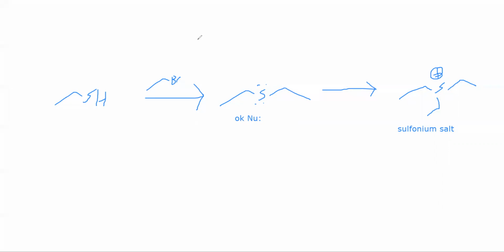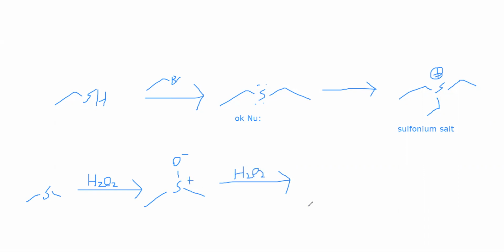And one other little detail that he brought up about sulfides: if you add an oxidizing agent like hydrogen peroxide, H2O2, you can oxidize it to form a sulfoxide, and you can react that with more hydrogen peroxide to oxidize it even more.